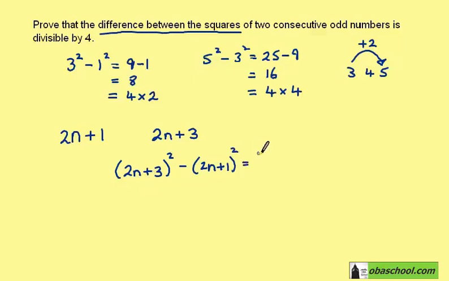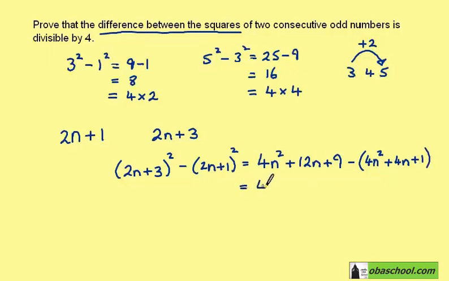Expanding the brackets by any method, (2n plus 3) all squared is 4n squared plus 12n plus 9. Take away, and we need this in a bracket, 4n squared plus 4n plus 1.